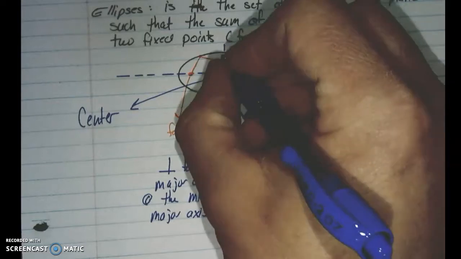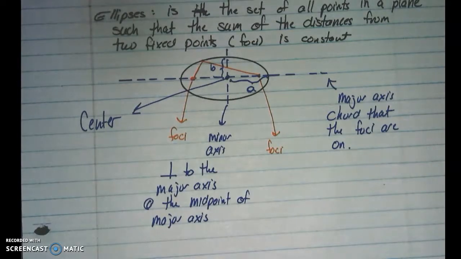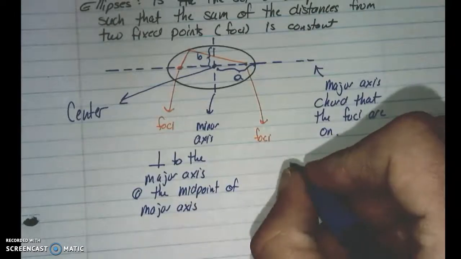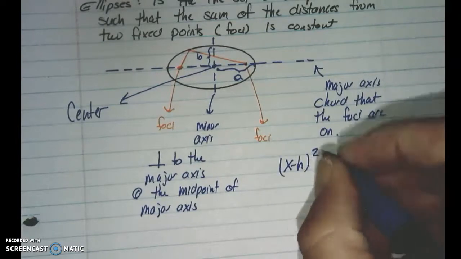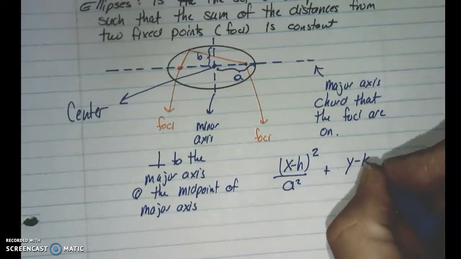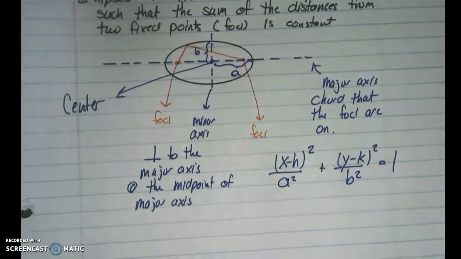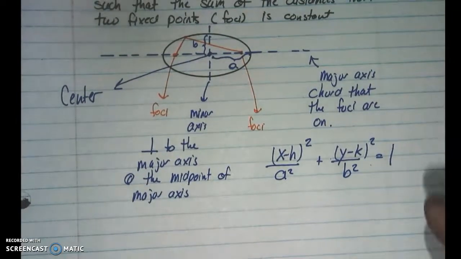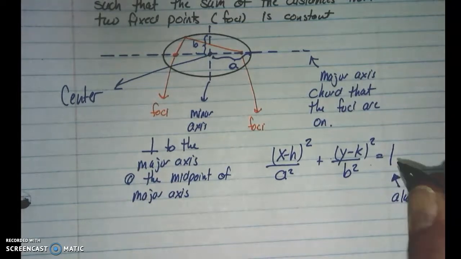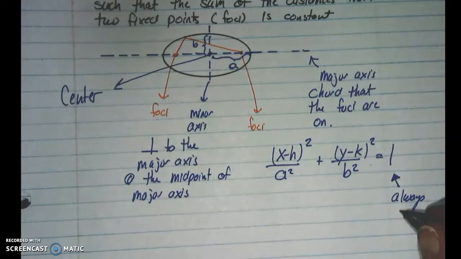So that's A, and this is B. So horizontally, which is what this is, this is going to be x minus h squared over a squared plus y minus k squared over b squared is equal to 1. Now, in an ellipse, it is always 1.